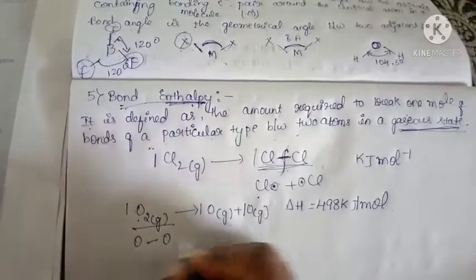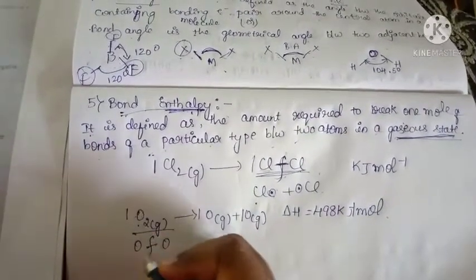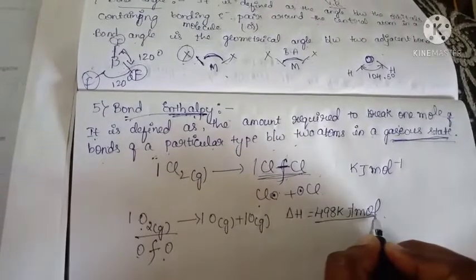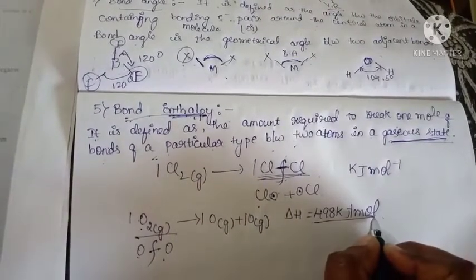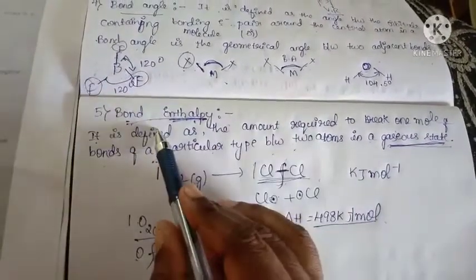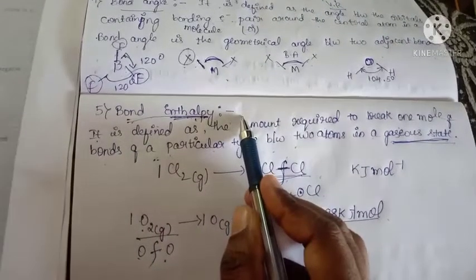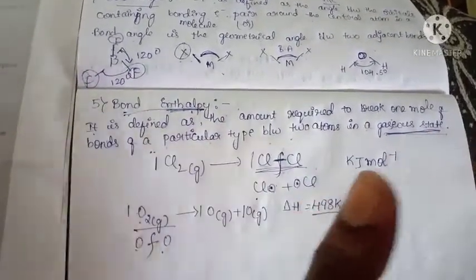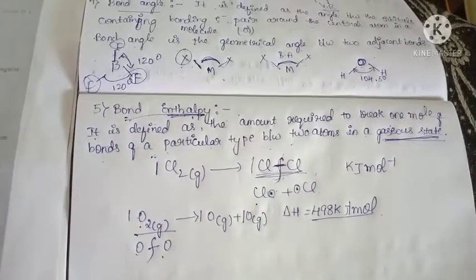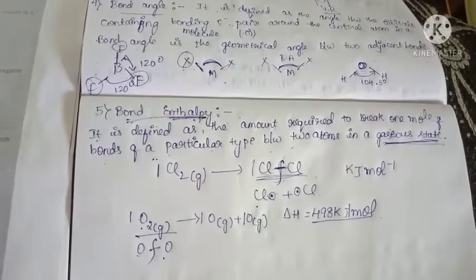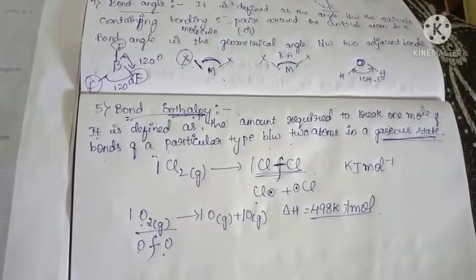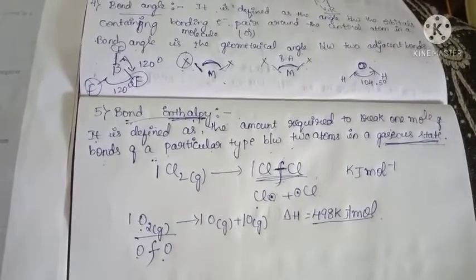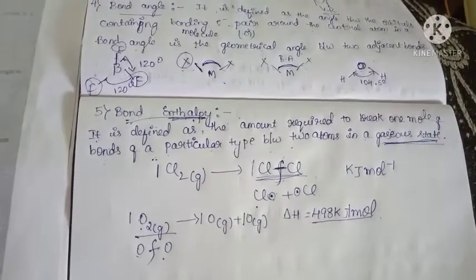To break the bond between oxygen atoms, how much energy is required? 498 kilojoule per mole is required. That is called bond enthalpy. Some amount of energy is required to break 1 mole, and that compound or molecule should be in the gaseous state, not in the solid or liquid state.